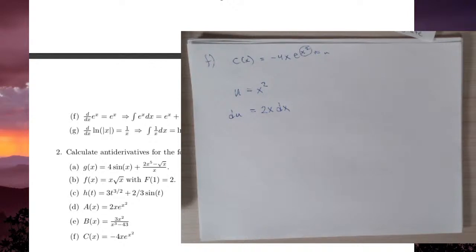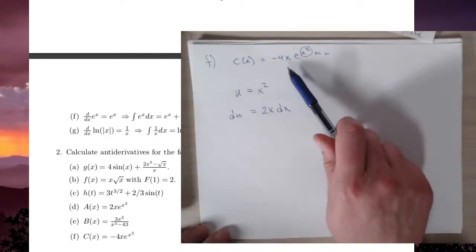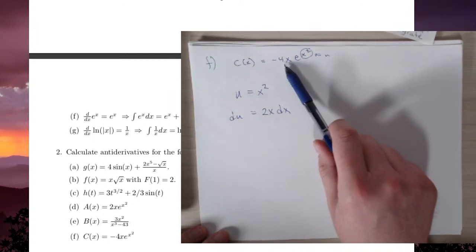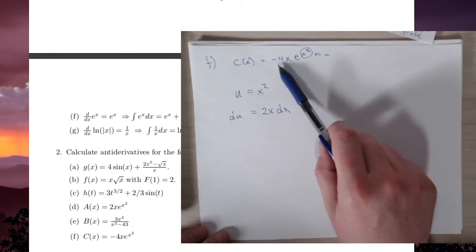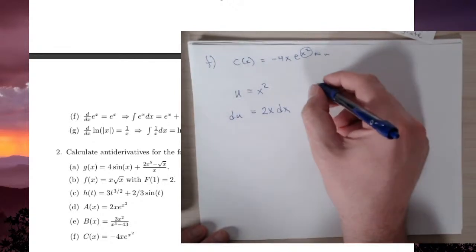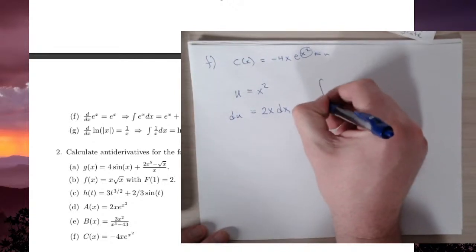The problem, though, is that we don't have negative 4x here. Actually, the problem is we have negative 4x here. So what can we do? We'll just be a little slick with our writing here.